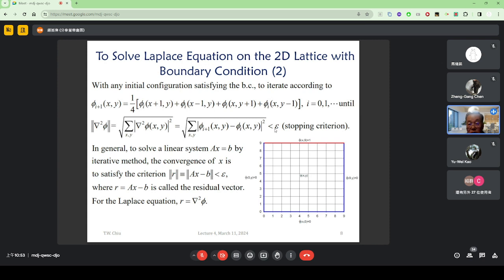All these are extensions you can always try. But if the lattice is very large and you want epsilon to be very small, then the problem takes a long time to compute. So that turns out to be a very large scale computation.